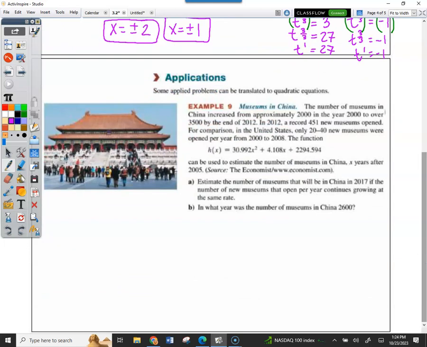In 2012, a record 451 new museums opened. For comparison, in the U.S., only 20 to 40 new museums were opened per year from 2000 to 2008. The function h of x equals yada yada yada can be used to estimate the number of museums in China x years after 2005. Here's our source.